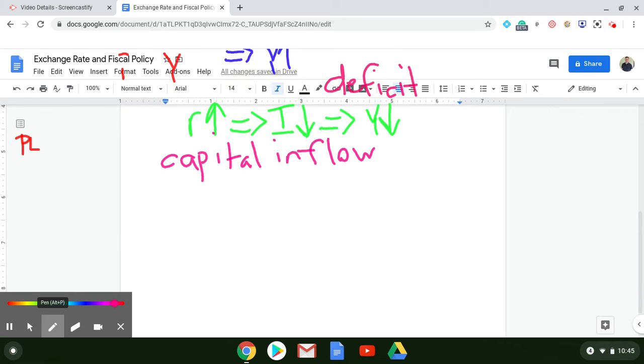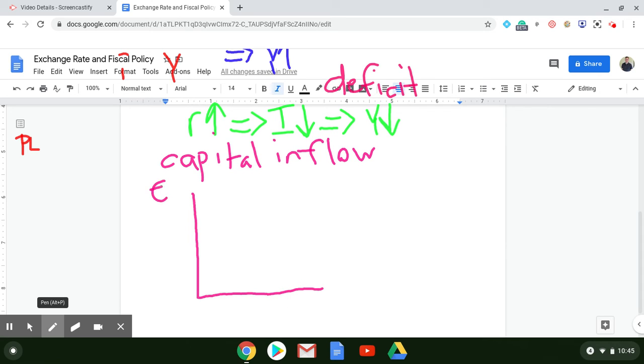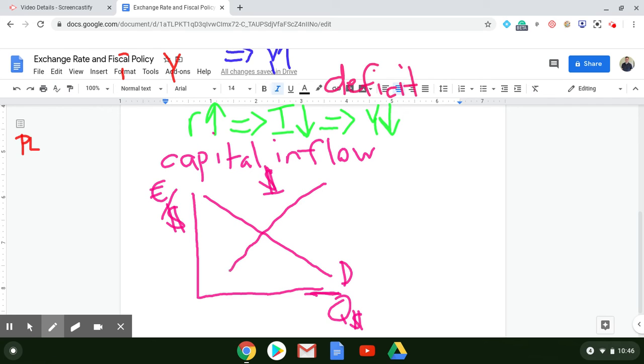I don't know, we'll go back to euros per dollar, and then you have a quantity of dollars because we're in the market for dollars. Demand for dollars, supply of dollars. We've got this exchange rate right there.